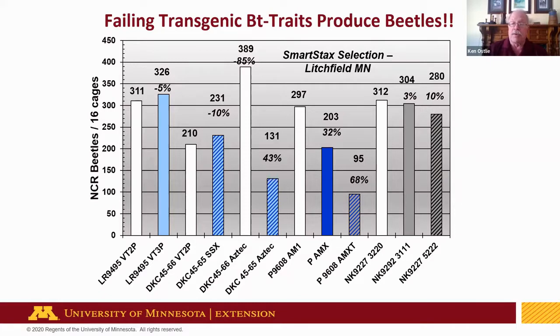And then we get over towards the dark blue bar, and the AMX is giving us only about 32% control. AMXT is getting about 96% control. And then you see the cross resistance showing up with the 3111 and the 5222, essentially producing almost as many beetles as the unprotected corn. So that's a tremendous amount of beetles.